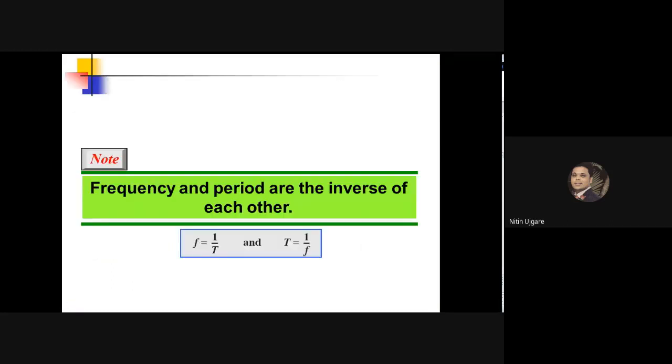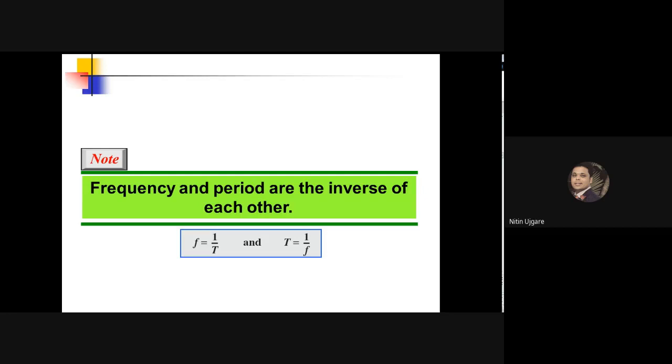So let's go back and see the frequency and period. As I mentioned, period is the amount of time in seconds a signal needs to complete one cycle, and frequency refers to the number of periods that the signal completes in 1 second. Note that period and frequency are just one characteristic defined in two ways.